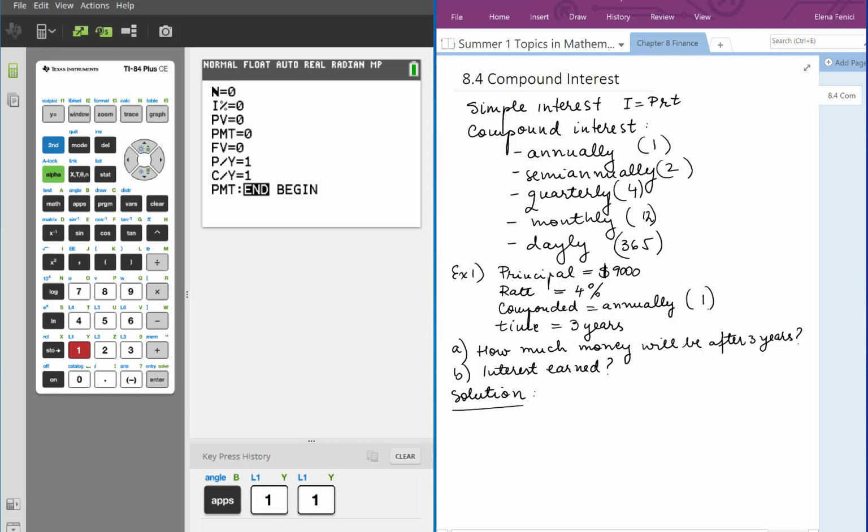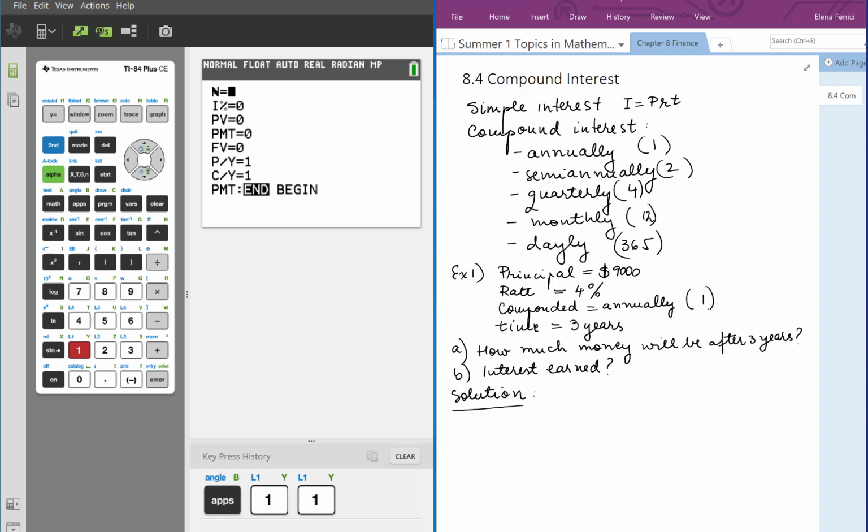It means we have to use 1 for our calculator, and the time is 3 years. Imagine you put the money in a bank at 4% interest, compounded annually, and you leave it there for 3 years. The question is, A, how much money will be there after 3 years? And B, what's the interest earned?